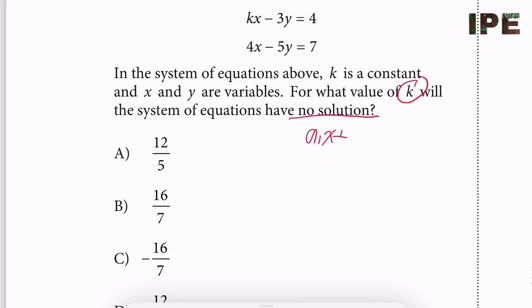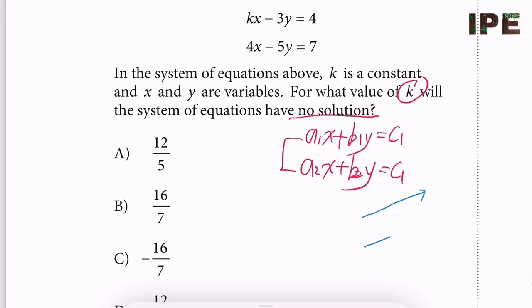a1x plus b1y equals c1 and a2x plus b2y equals c2. If they have no solution, that means they don't have any intersection points. So those two lines should have the same slope, different y-intercept.